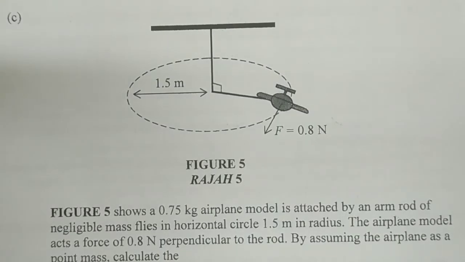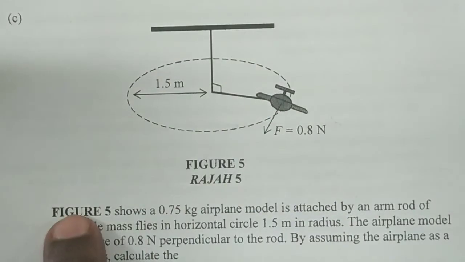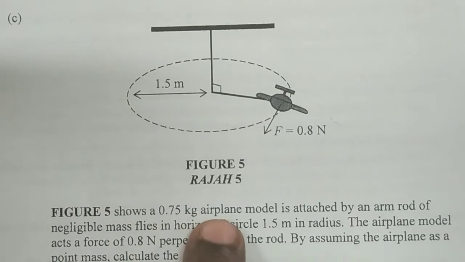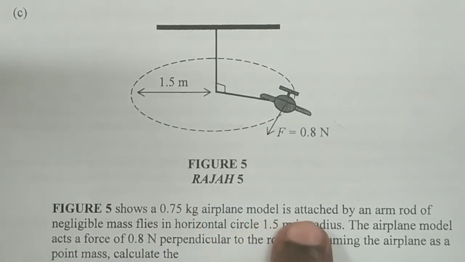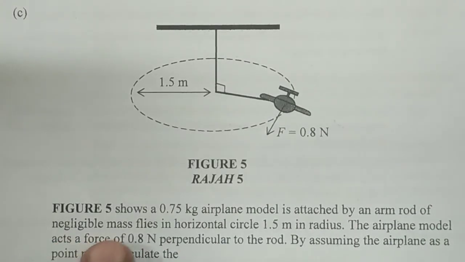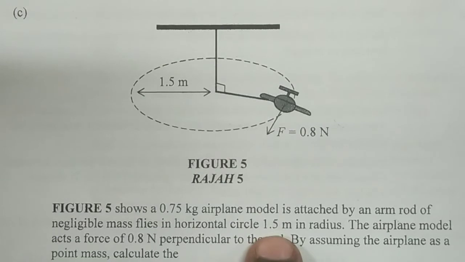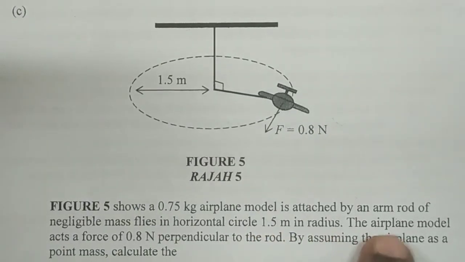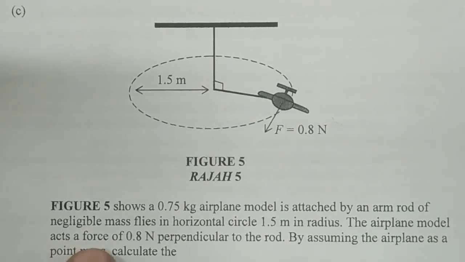For section C, figure 5 shows a 0.75 kilogram airplane model attached by an arm rod of negligible mass, flying in a horizontal circle 1.5 meters in radius. The airplane model experiences a force of 0.8 Newton perpendicular to the rod.